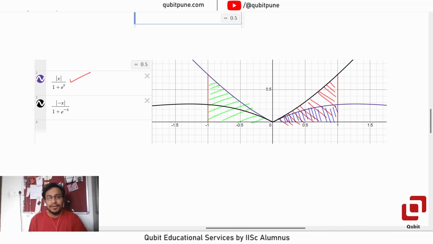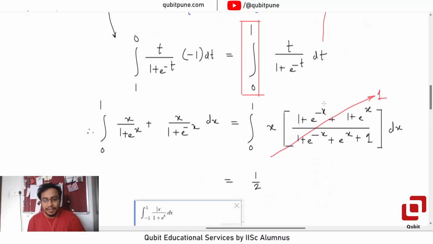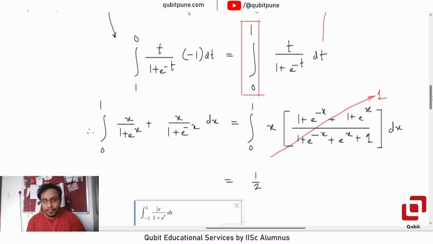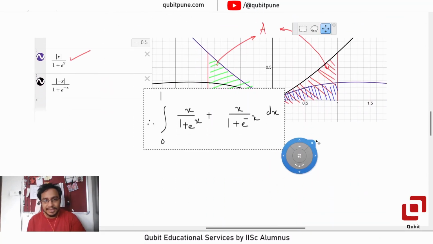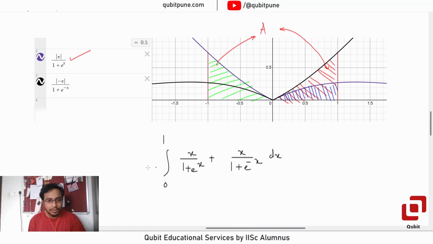Raise your hands if you understand that. And that's exactly what we do when we split the integral into two parts.